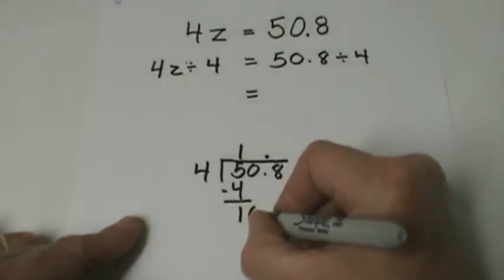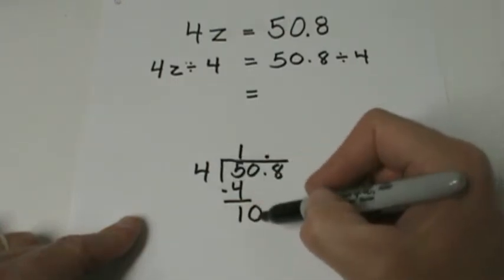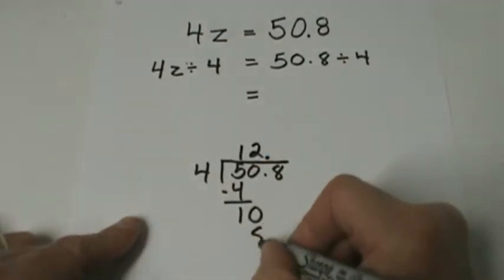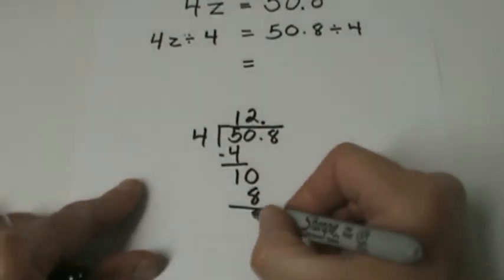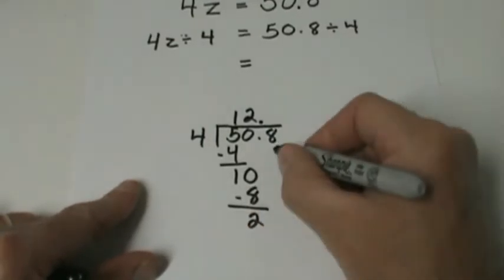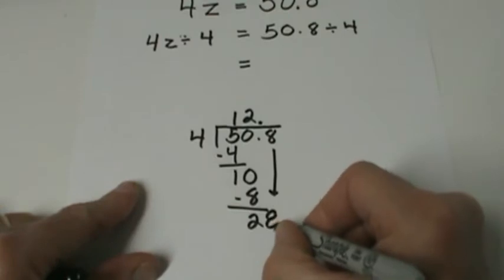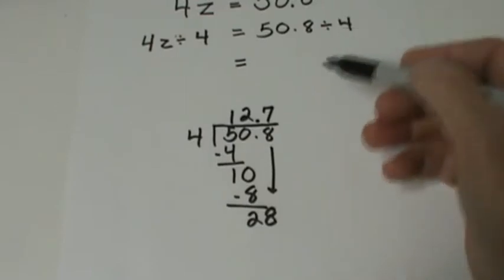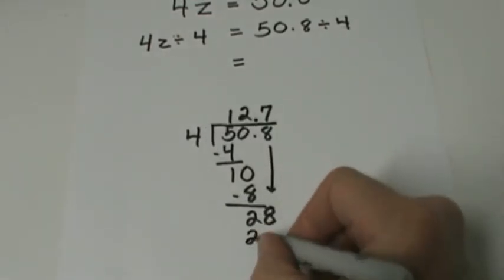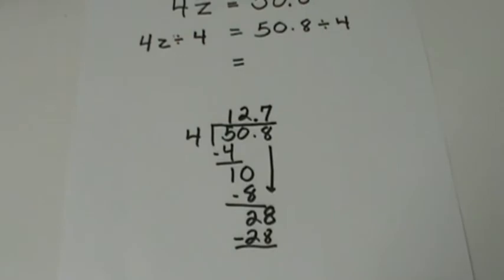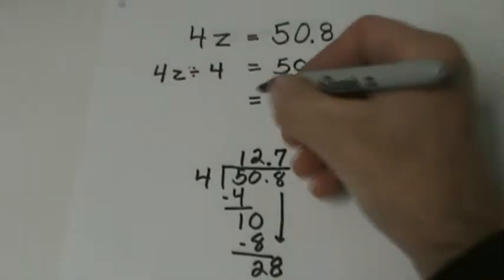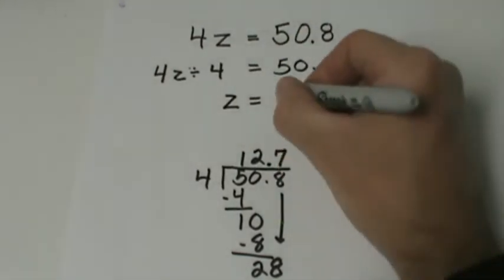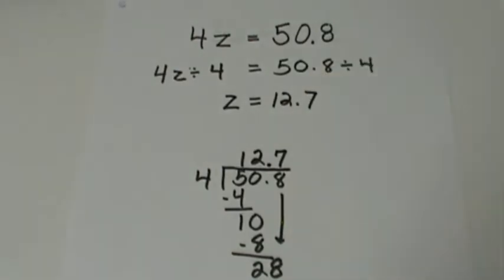Bring down our 0, and now we have 4 into 10 will go twice. 2 times 4 is 8. Subtract, and we have 2 left over. Bring down our 8, and we have 4 into 28 will go a total of 7 times. 7 times 4 is 28, and our decimal terminates. So now we know that the value of z is going to be 12 and 7/10.